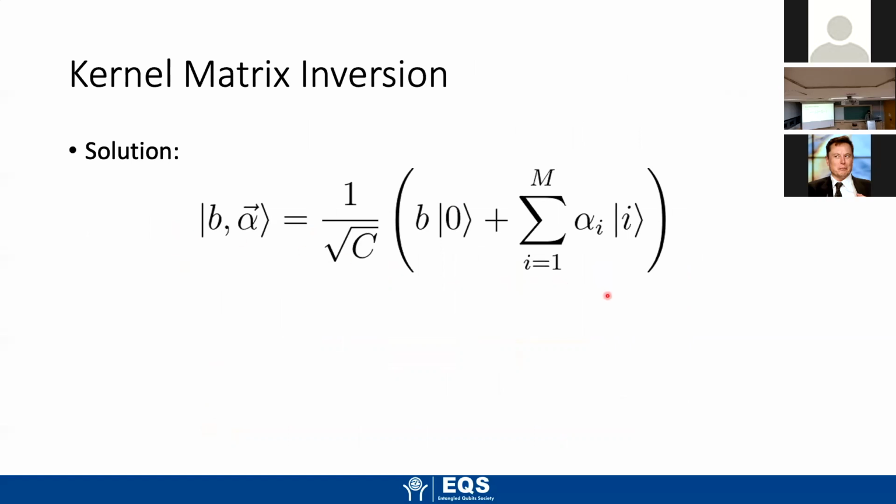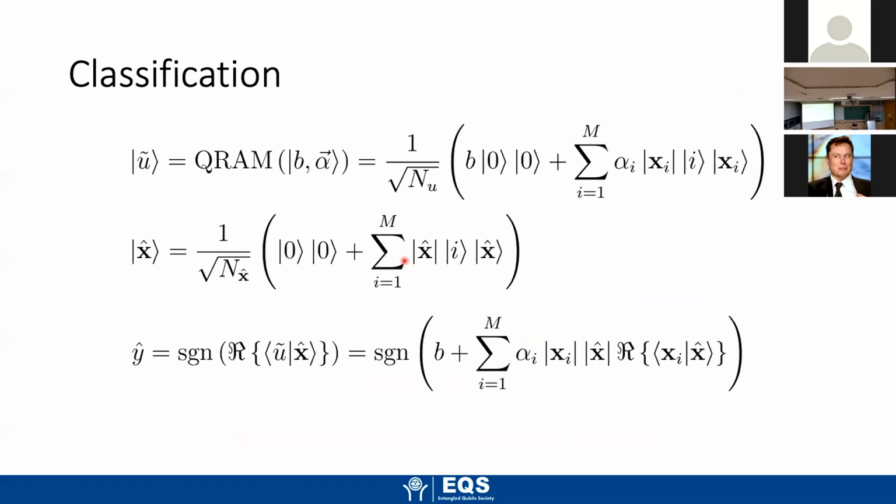Solution in this one. Well, we have a solution, so we can classify new data. The new data I write as x hat, and if you query with the solution, we have this vector.